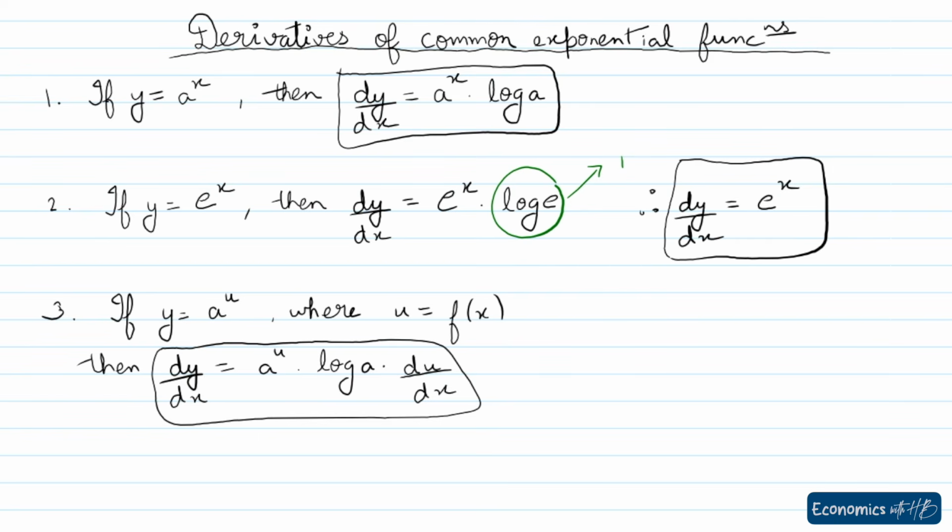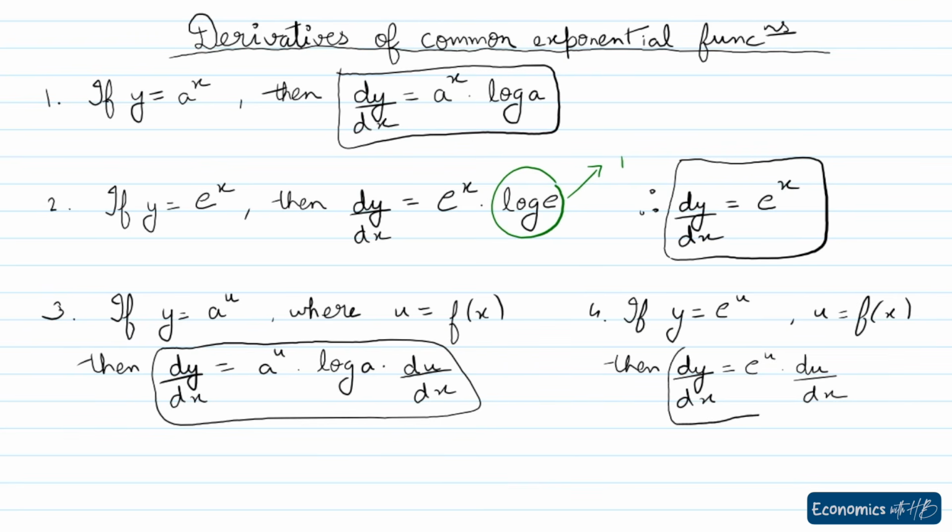The fourth one, if y is equal to e to the power u, here the base is e instead of a and u is a function of x as previously. Therefore, dy by dx is equal to e to the power u as it is into log of e, further into du by dx. Log of e is 1, so finally dy by dx is equal to e to the power u into du by dx.